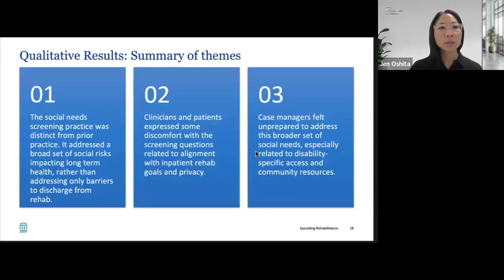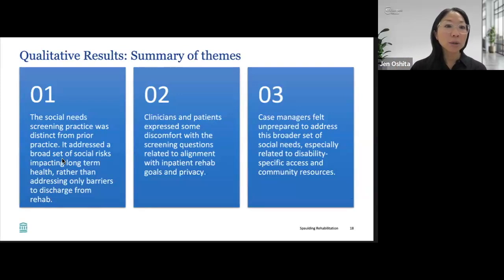So these are the results of our qualitative findings. One, the social needs screening practice was distinct from prior practice. I asked them, why is this practice difficult? Isn't it the same as what you've already been doing when you work with patients? And they said, no, it's different.